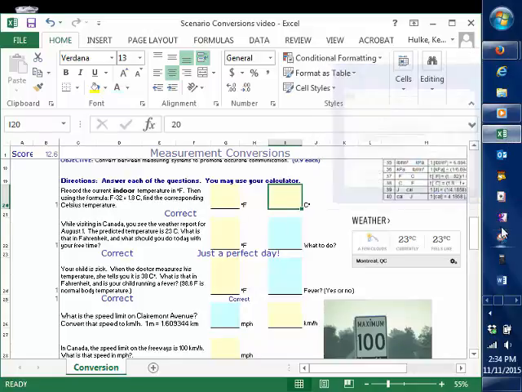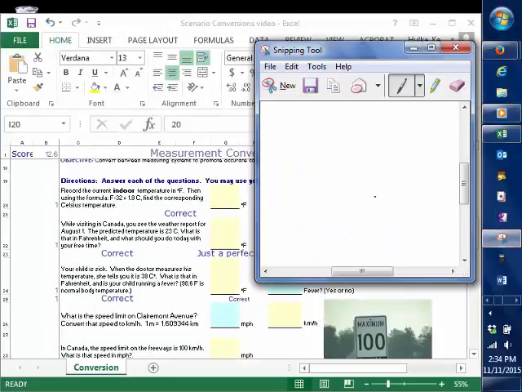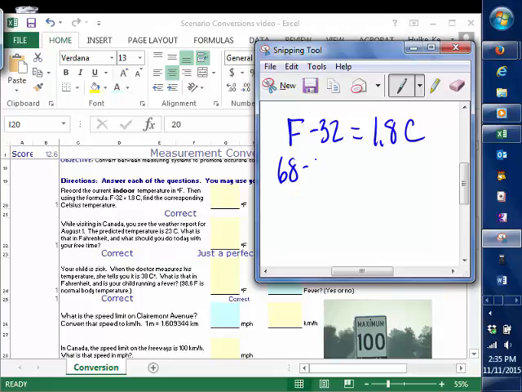So if you notice here, it says Fahrenheit minus 32 equals 1.8 Celsius. If we take the Fahrenheit, which we said was 68, 68 minus 32 is 36.